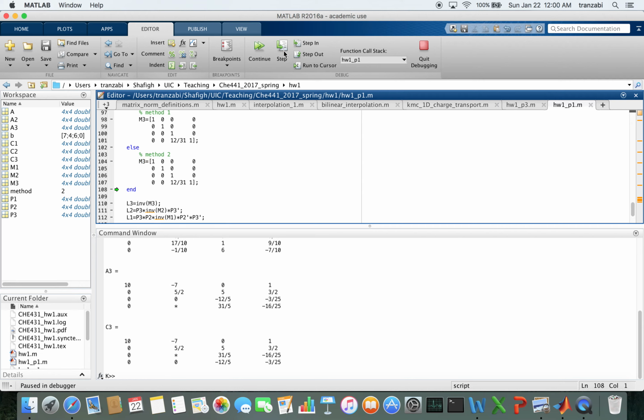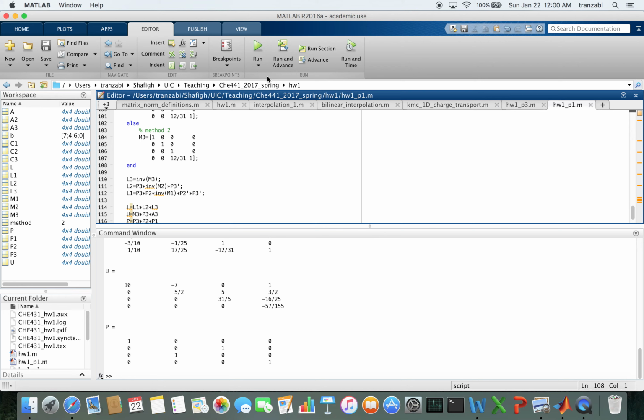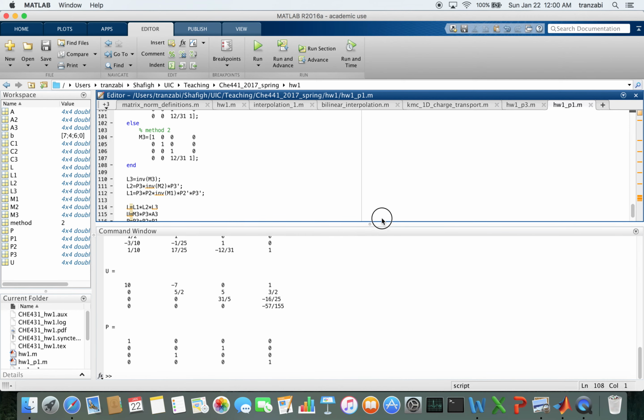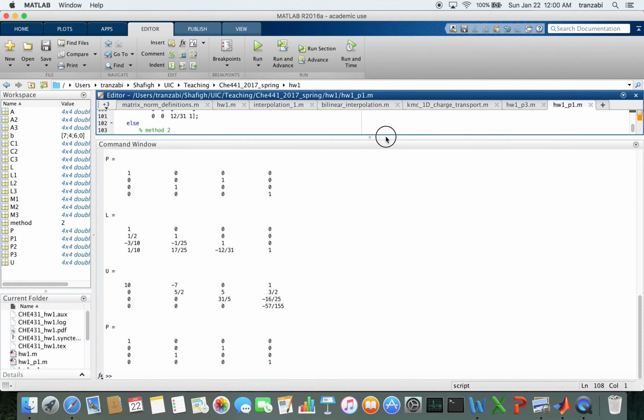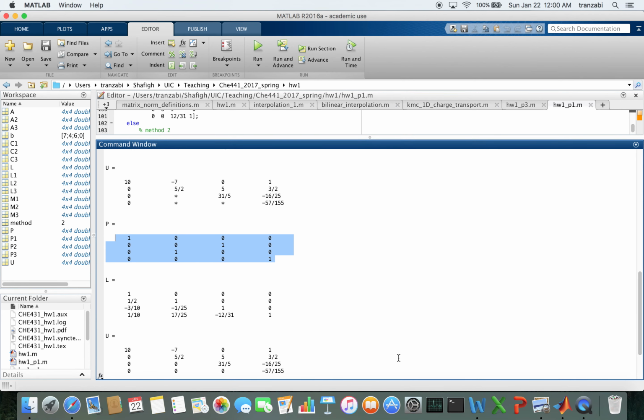So we got M1, M2, M3, we got P1, P2, P3, and then we use the same relationships to find the L matrices. If I continue all the way to the end, we can now compare MATLAB results with our result. Again, this is the MATLAB result for the P matrix, and this is our result for the P matrix, and they're exactly the same. You can also compare upper triangular matrices.